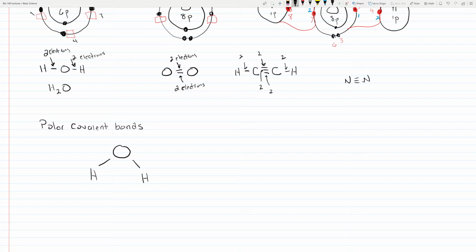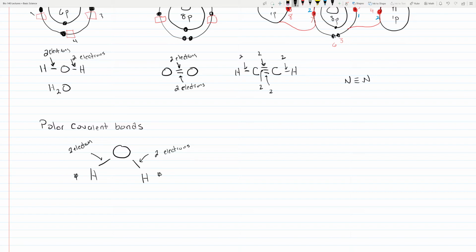So now if we look at this right here, we know that there are 2 electrons here, and there are 2 electrons here that are being shared between the oxygen and hydrogen. So 2 electrons are being shared between oxygen and hydrogen on this side and on the other side.